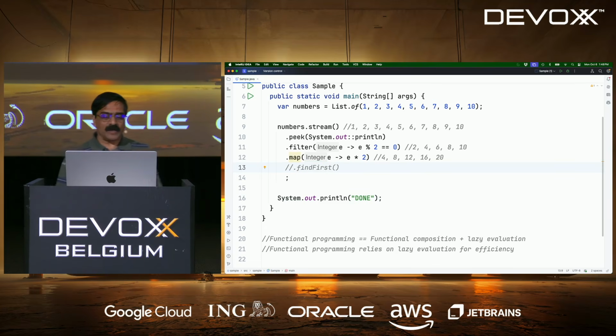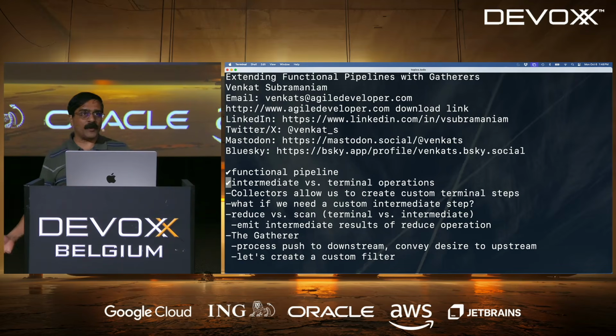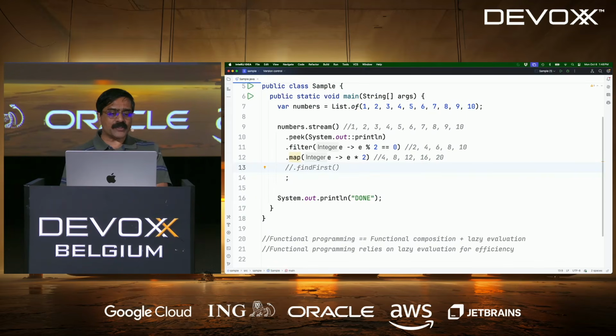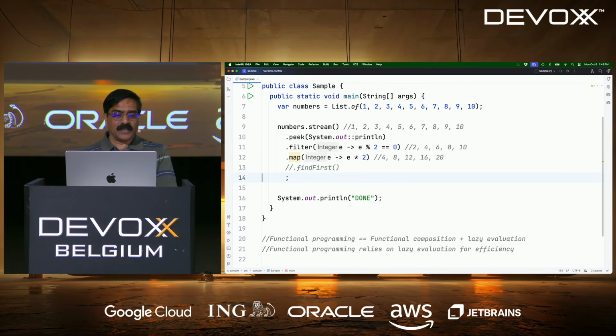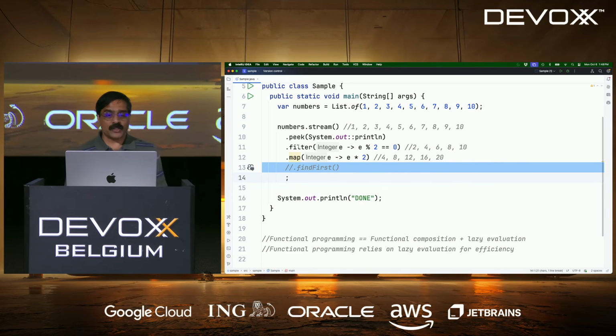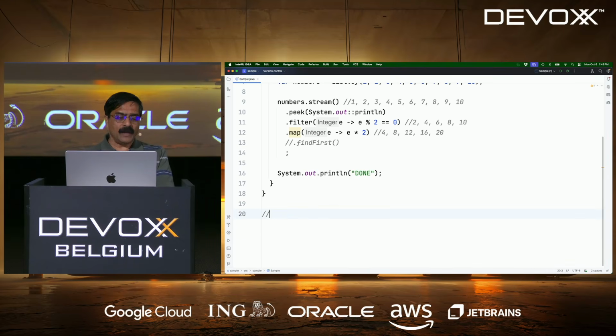So this is where the difference between intermediate operation and terminal operation really comes in. So these two are, or rather these 3 are intermediate operations. This becomes the final operation. So the key thing that we need to keep in mind here is that in the case of stream, intermediate operations are fused, but not executed unless a terminal operation, you could say, triggers it.